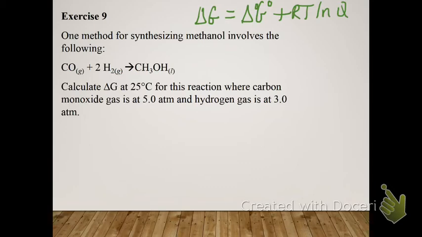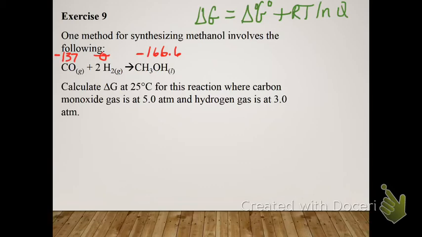There are some numbers that I need to give you so that you don't have to pull them up. Of course, this is going to be 0 for delta G naught because it's an element. This is a negative 166.6, and this one is a negative 137.